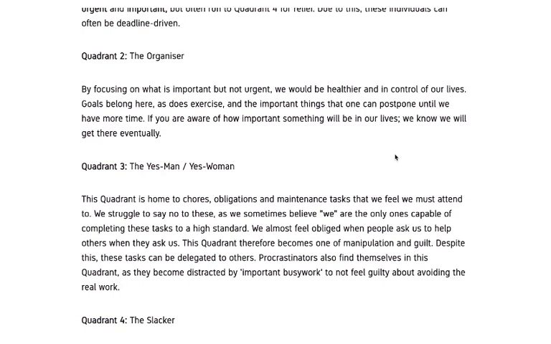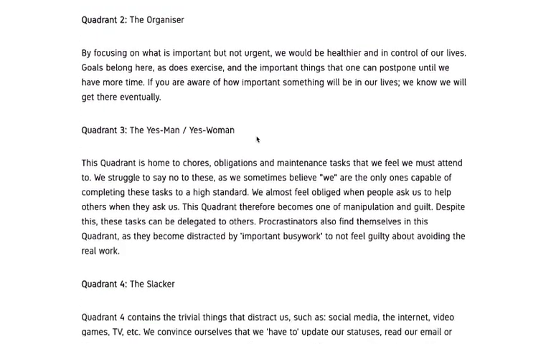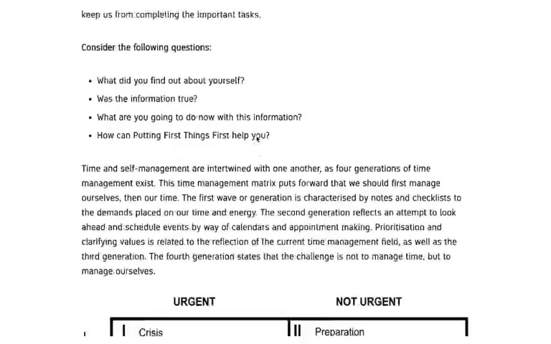So our goals sit in quadrant number 2, as does exercise. These important things that one can postpone until we have more time. If you are aware of how important something will be in your life, you know you will get there eventually, right?